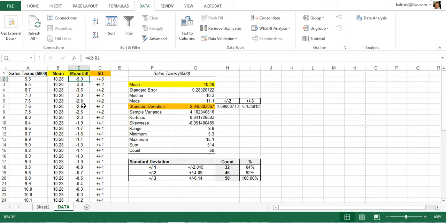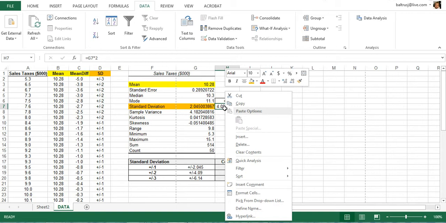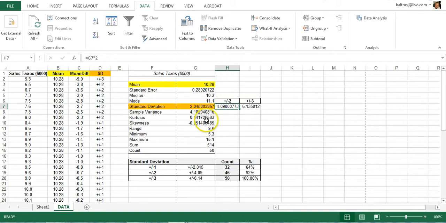So basically this problem is asking you how many of these values are within plus or minus 1 standard deviation, plus or minus 2 standard deviations, or plus or minus 3 standard deviations. And to get those values, I simply doubled it and then tripled it. So I have those values here. Then I made a little summary table here with each of the standard deviations and the values.